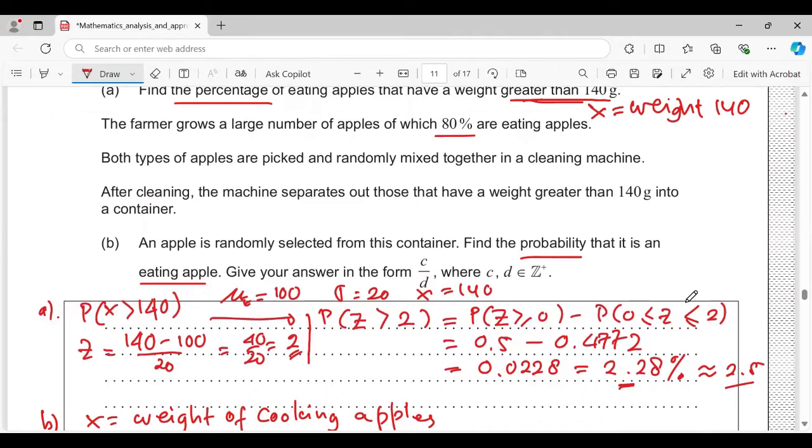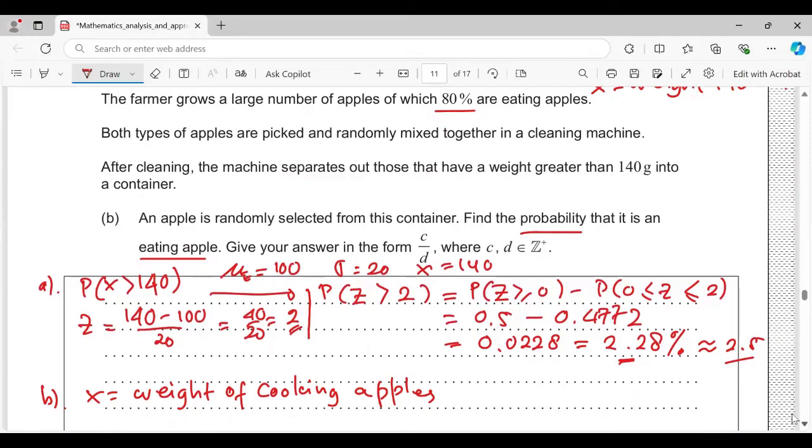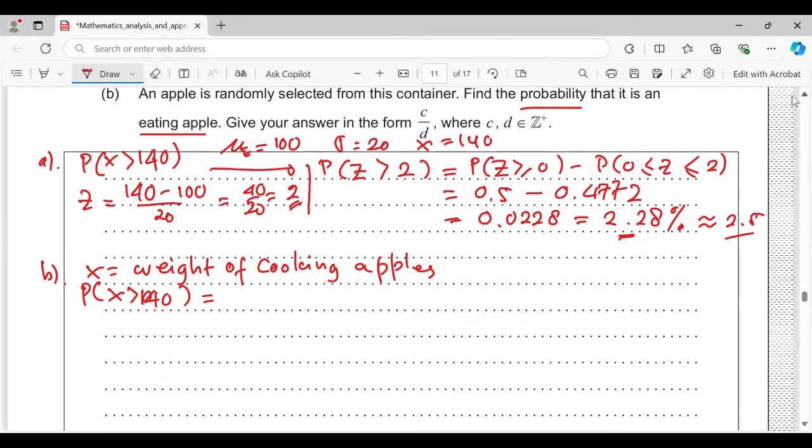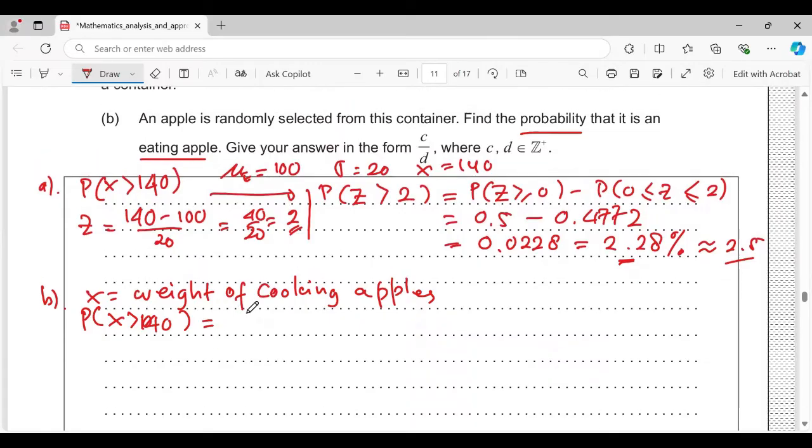For the cooking apples, 140 minus 140 over 40 is 0.